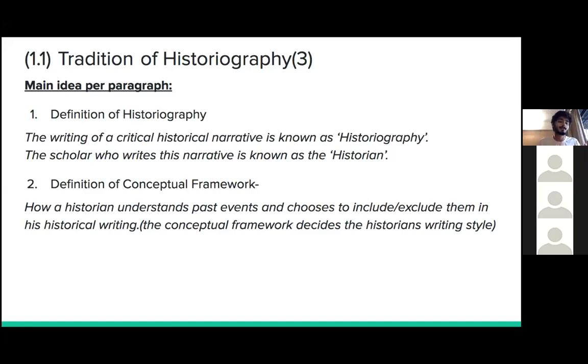So the different scholars all have a different style of writing based on their conceptual framework.